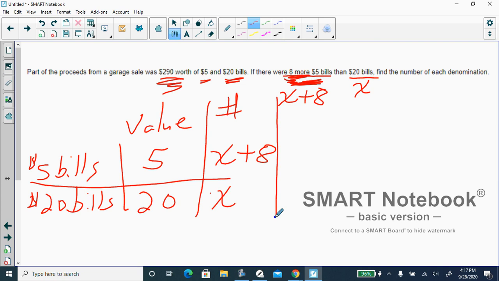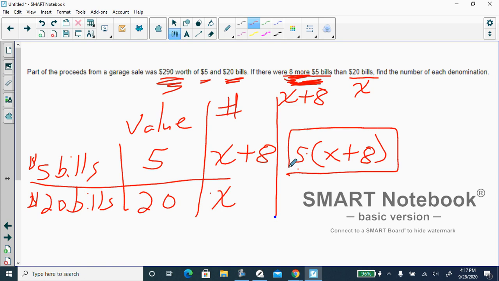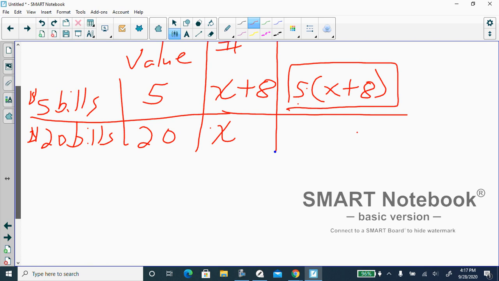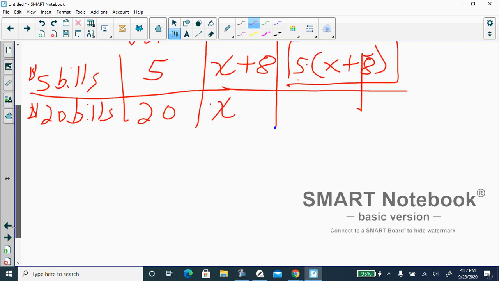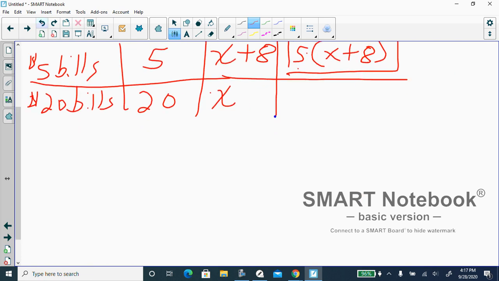The total value is the value of 1 times how many you have. If we knew how many 5s we had, $5 times how many we have would be the dollar amount from $5 bills. If we knew how many $20 bills we had, we would take the number we had times 20.